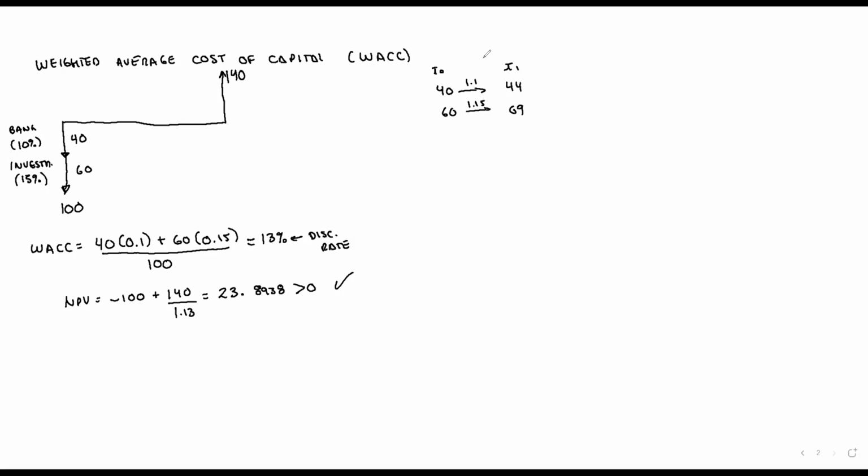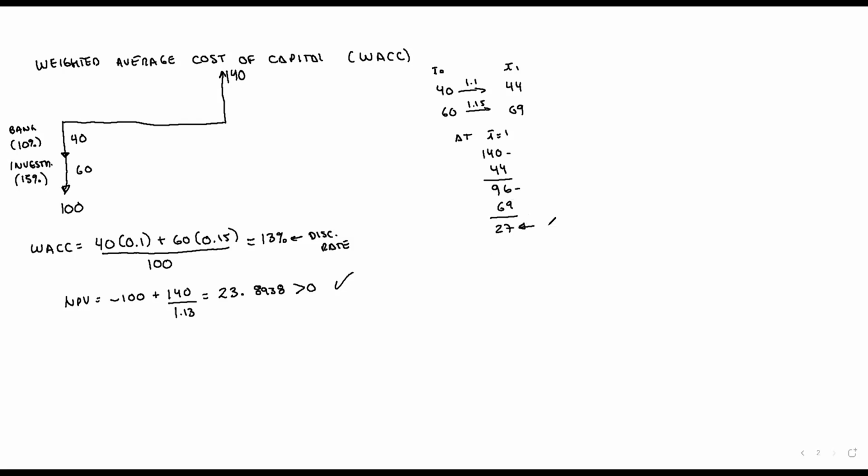These are future values. So what happens? I have my cash flow, my $100, at T1. Remember, debt is paid first. I pay the 44, and what is left is 96. Now, once I have 96, a positive number, I pay the 69 to my owners, the investors. Then I end up having 27.